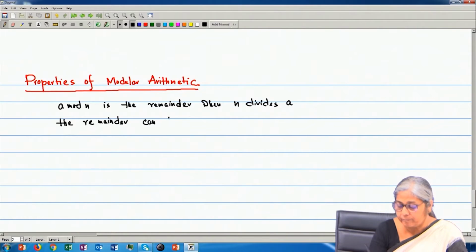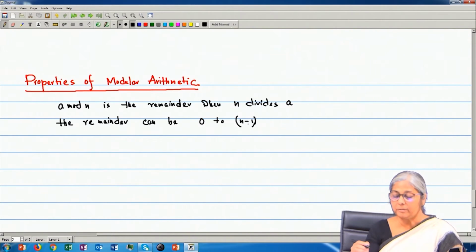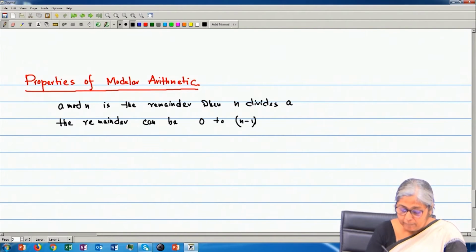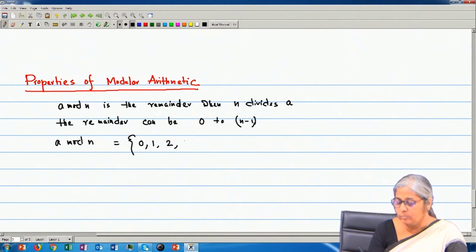These are my remainders. So, a modulo n is the set 0, 1, 2, 3 up to n minus 1.